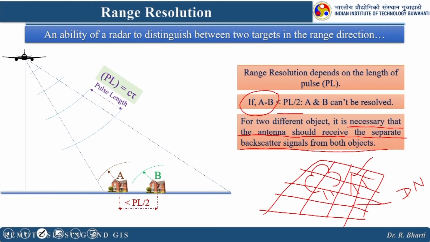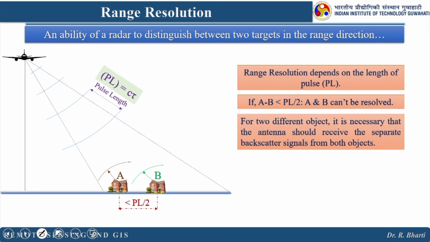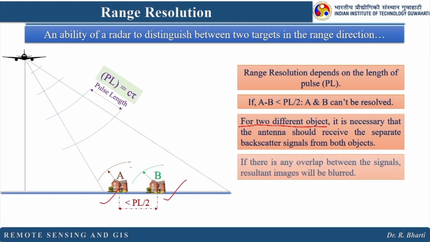So, in that case it will be very easy. The same thing applies here, where for two different objects, it is necessary that the antenna should receive separate back scattering values, then they will be identified as two different objects in your image, right. If there is any overlap between this and this, then what will happen? Your image will get blurred.